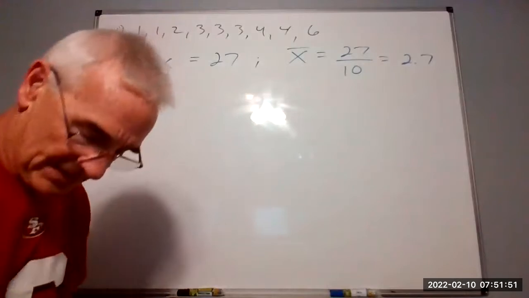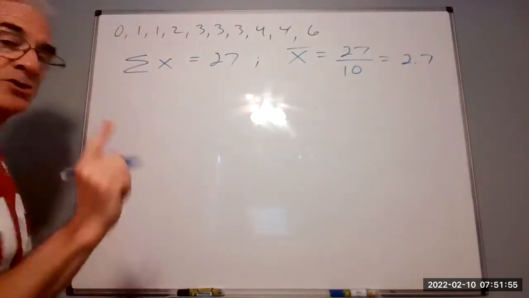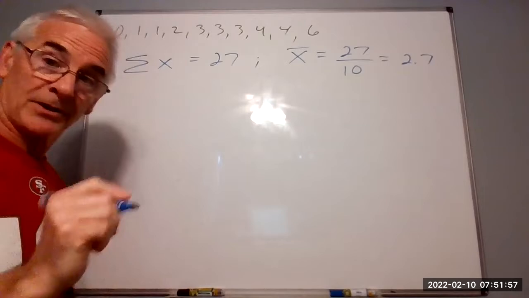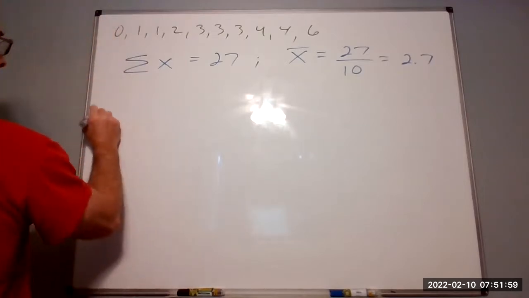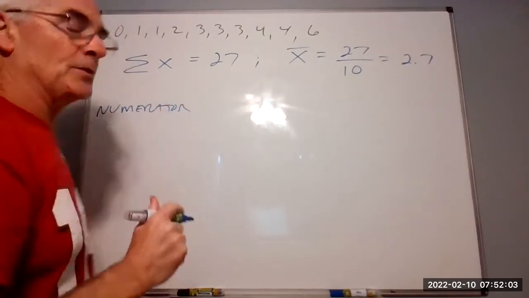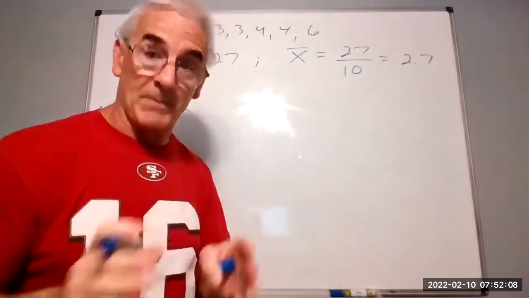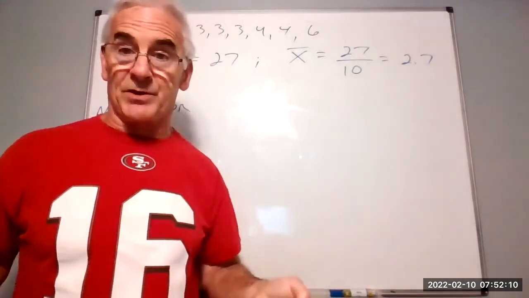Okay, since variance is the following, let's just do the numerator of variance. Don't worry about the denominator yet. Just let's consider the numerator. Now, the numerator for the population and the numerator for the sample, remember, it's the same. It's the sum of all the square differences.